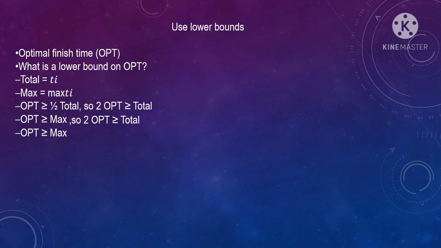Optimal finish: what is a lower bound on OPT? Total is T. OPT is greater than or equal to 1/2 total. So 2 OPT is greater than or equal to total. Also OPT is greater than or equal to max Ti.